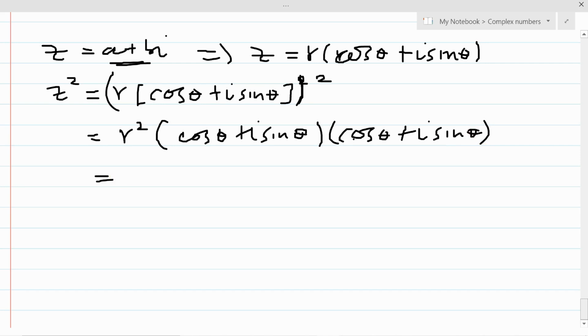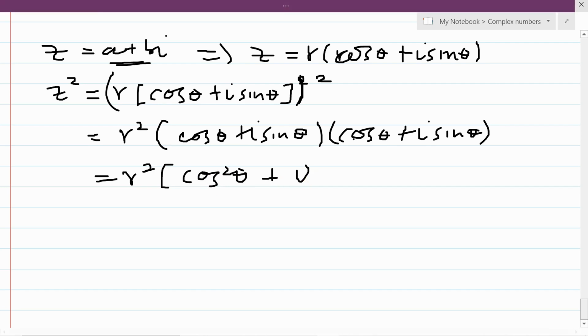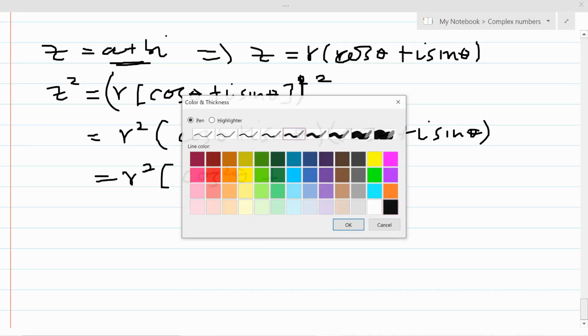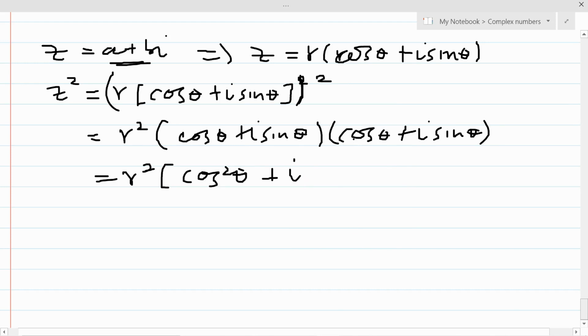Now this will give me r squared into cos theta times cos theta, which is cos squared theta, then plus I cos theta sine theta, then plus I sine theta cos theta.